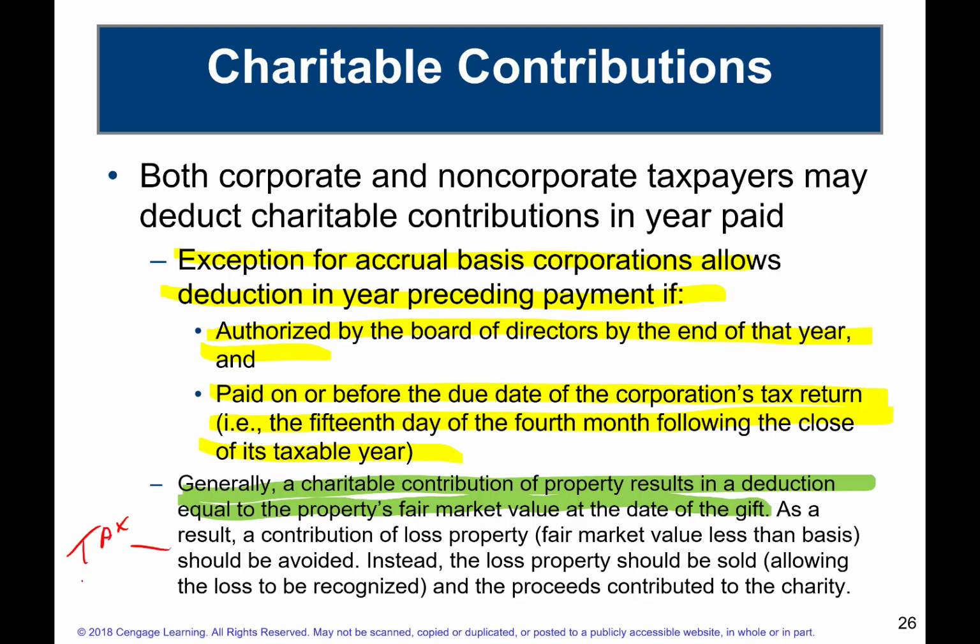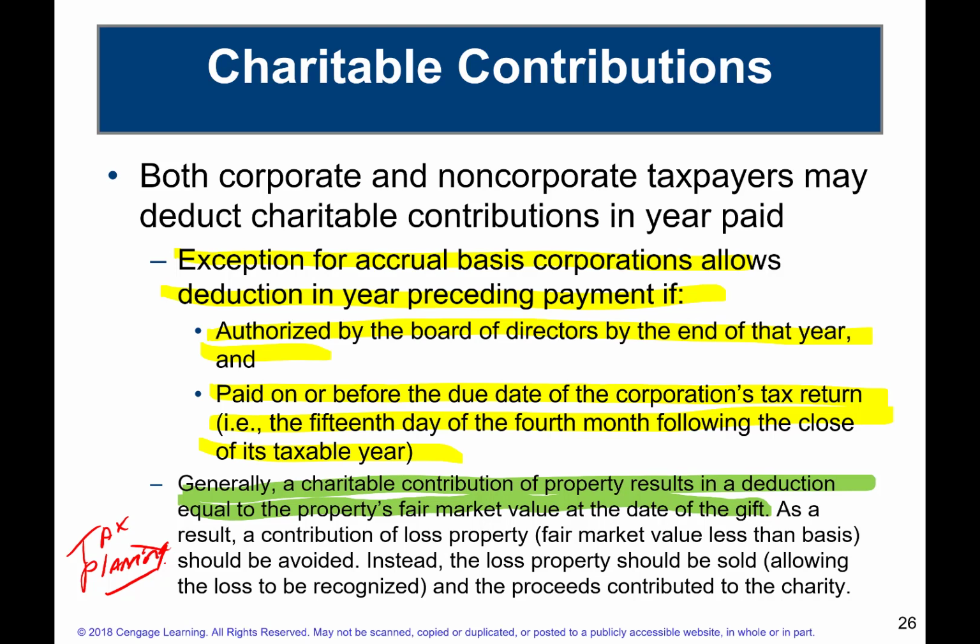And the reason I say that is we're going to look at a question from the quiz in a minute in which they're going to sort of ignore this good advice that's about to come up. So it's not like this is a law that you have to follow. They're just saying, hey, you probably would want to do it the way we're going to describe in the example that's coming up to get the maximum tax benefit. But there's no law that says you have to do it this way.